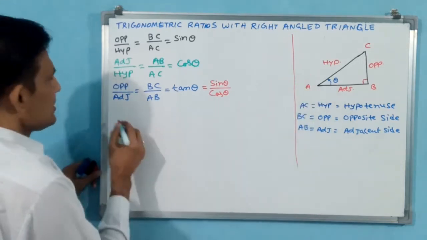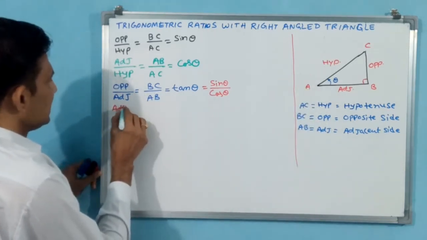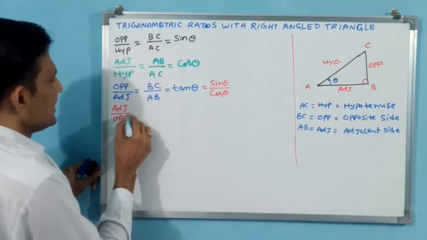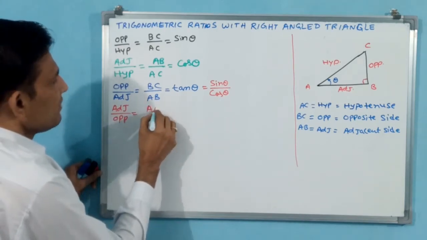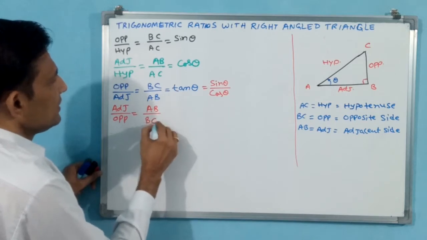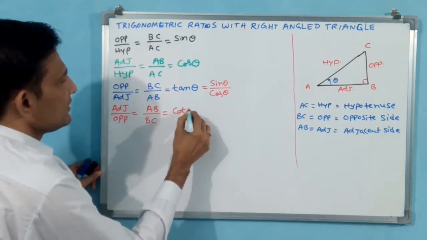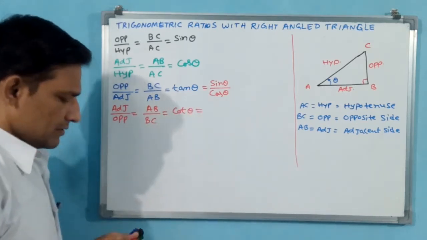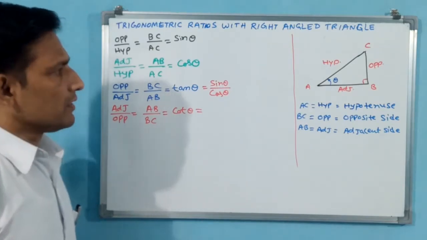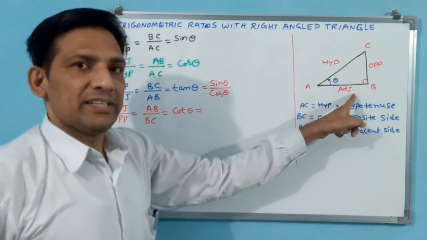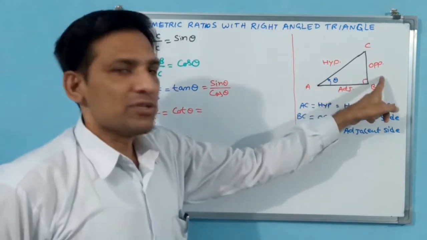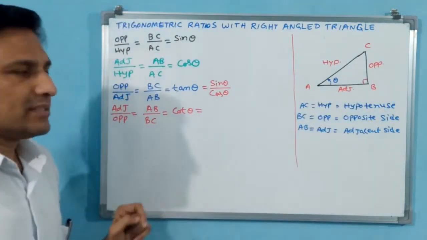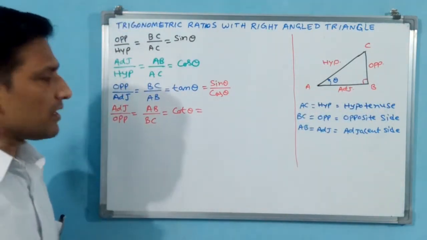Adjacent side by opposite side, that is equal to AB by BC. This we have given the name cot theta. Opposite side by adjacent side is tan theta, and adjacent side by opposite side is cot theta.